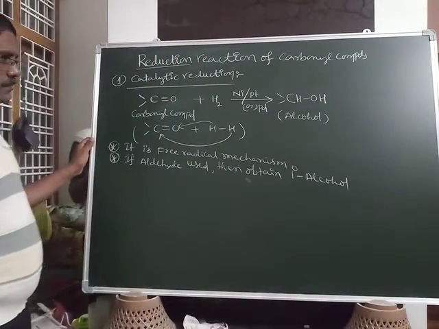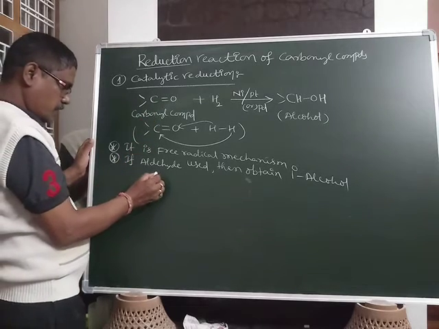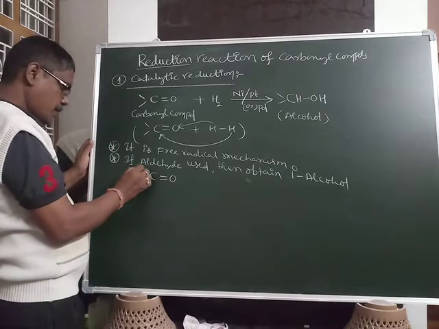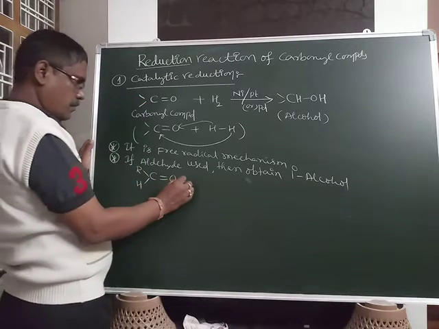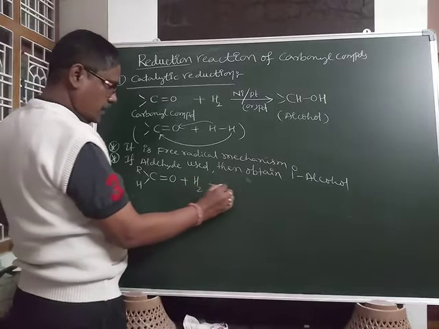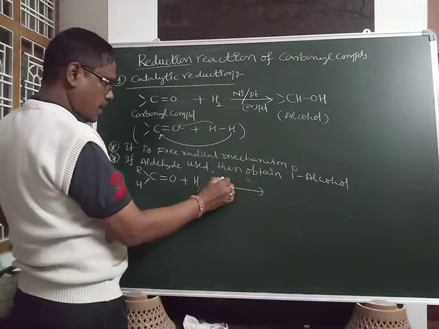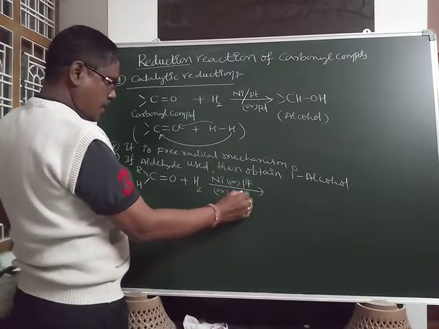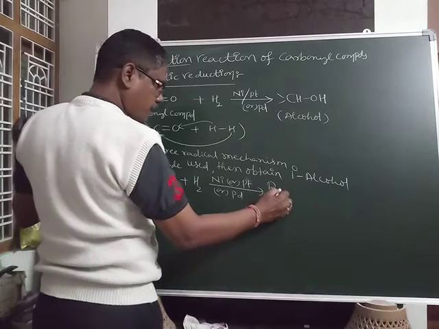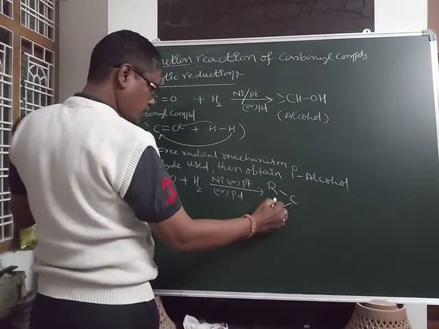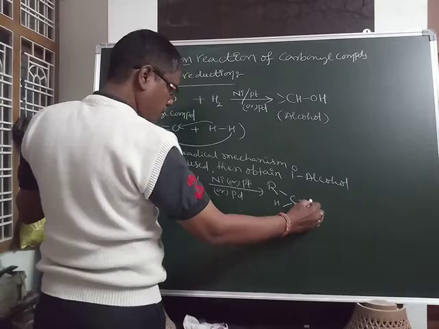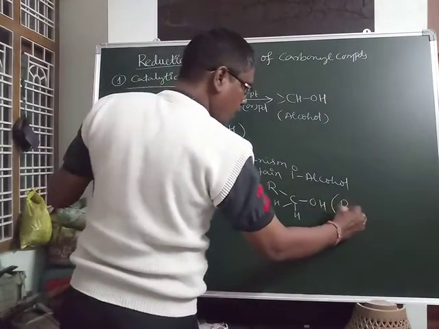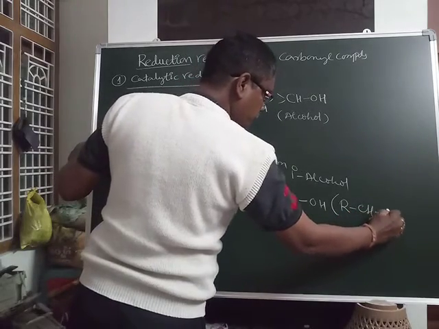Primary alcohols. Here, aldehyde means R and H plus hydrogen with nickel or platinum or palladium. Now this R and H, one more H and OH. This is simply written as RCH2OH.